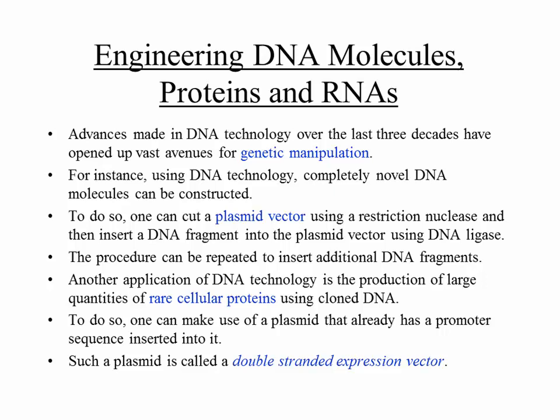Another application of DNA technology is the production of large quantities of rare cellular proteins using cloned DNA. To do so, one can use a plasmid that already has a promoter sequence inserted into it. Such a plasmid is called an expression vector. After that promoter region, you can put in the DNA sequence of interest and then use it to produce protein.